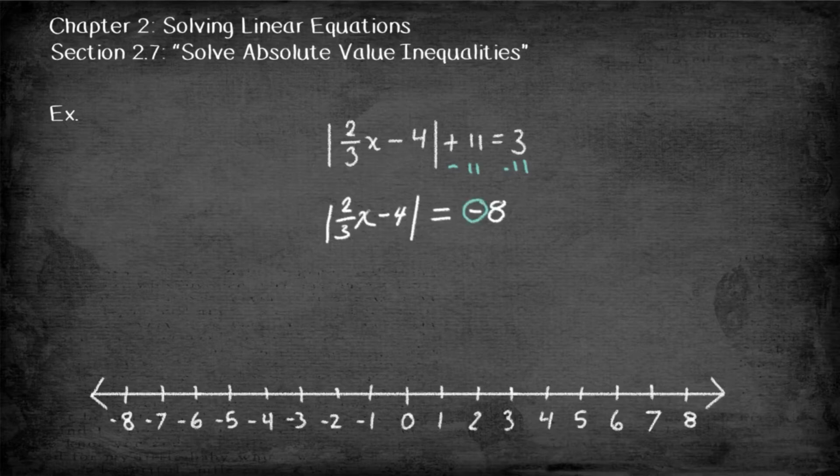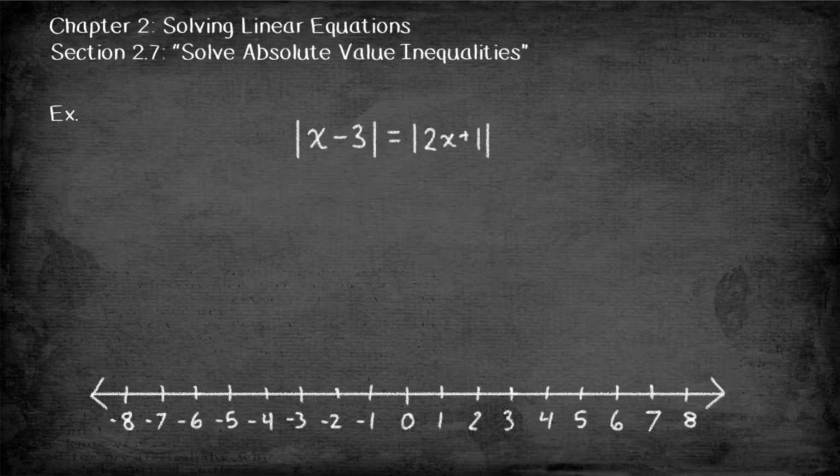And hey, we have a negative, but we know that the absolute value of something is always greater than or equal to 0. What does this mean? There are no solutions. That is, there is no value of x satisfying that equation.